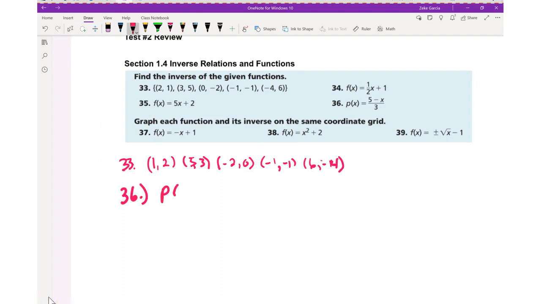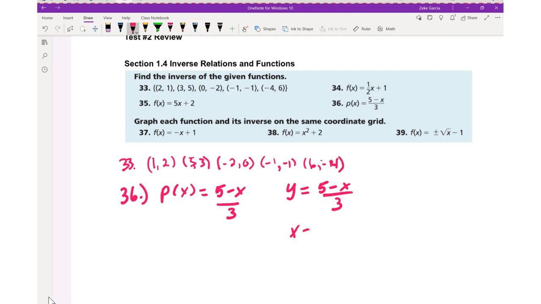For 36, you have P of x equals 5 minus x divided by 3. What you want to do is, instead of having P of x, you're going to have y equals 5 minus x over 3. And remember in class I told you to switch the x and y.